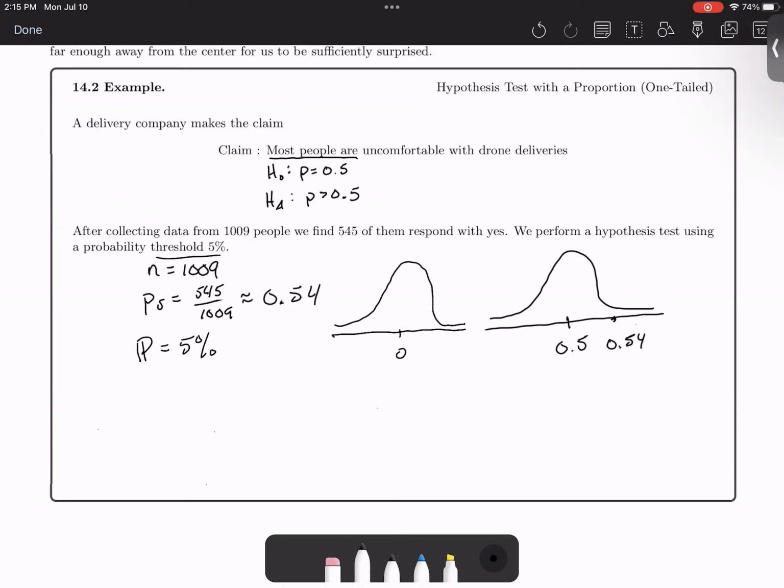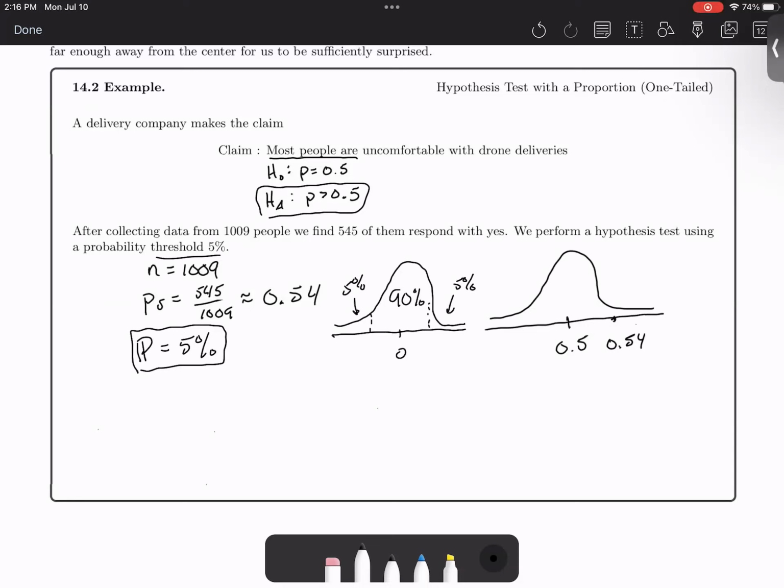So because we're talking about proportions, we should look at the z-score distribution. And if I want to use a 5% probability threshold, and my alternative is that p is greater than 0.5, then I can throw all of that 5% probability threshold into the right tail of my distribution, which by symmetry means that I have 5% in the left tail, which tells me that I have 90% in the middle.